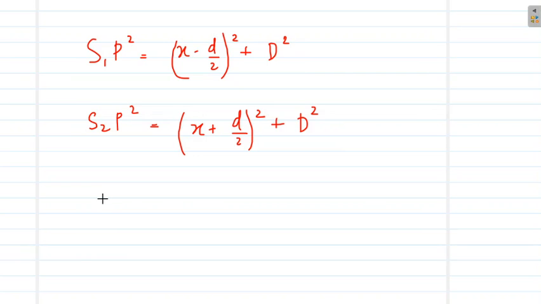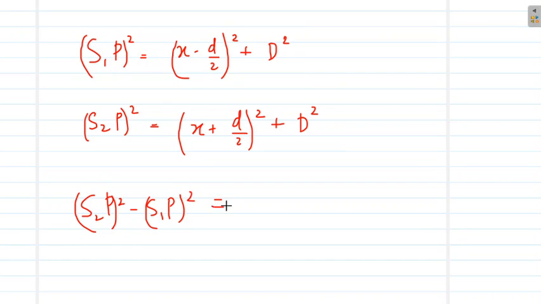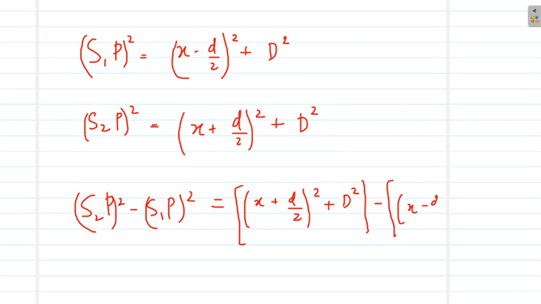Now let us find the difference S2P square minus S1P square. So we have to put brackets here. It is S1P square. Now let us find S2P square minus S1P square, which will be (x plus d by 2) the whole square plus d square, minus (x minus d by 2) the whole square plus d square.